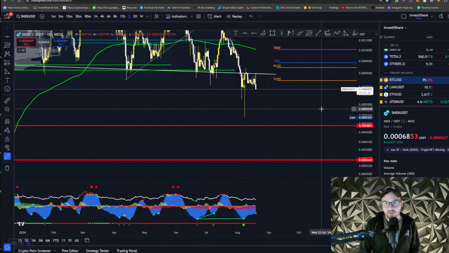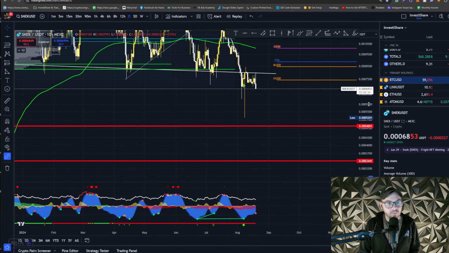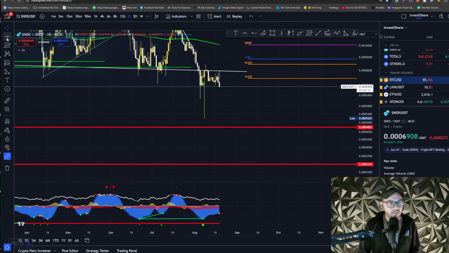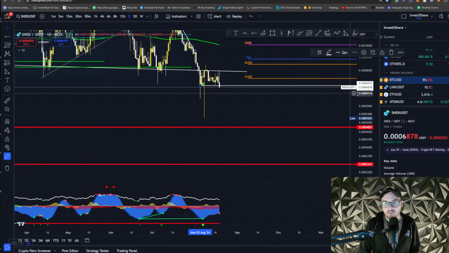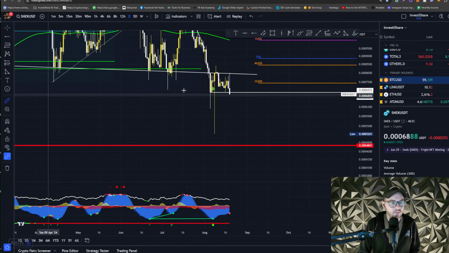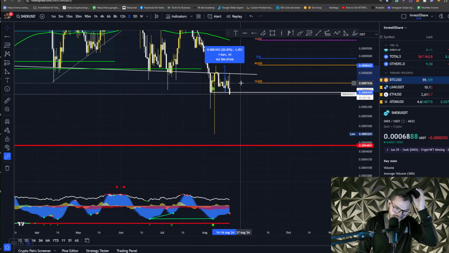So this daily candle closes in about 3 hours. We do not want to close below here. If you close below there, then what's the drawdown? You can't even trade that. So there's a 20% guard on your stop loss.